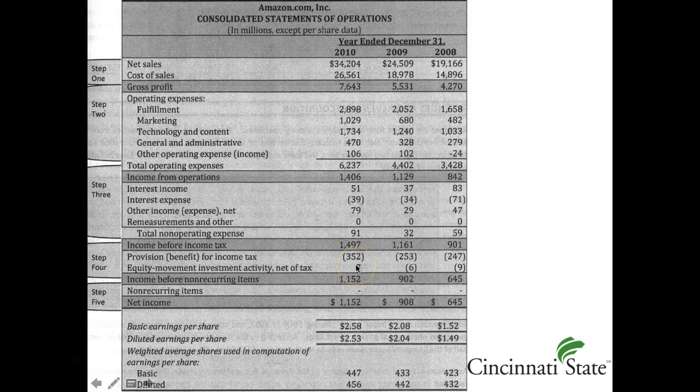We can see the provision for income tax or income tax expense for the period was $352 million. There were no recurring items, and net income for 2010 was $1,152 million. The basic earnings per share are $2.58.